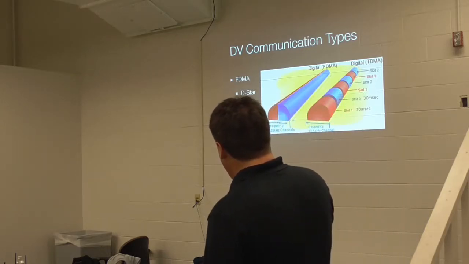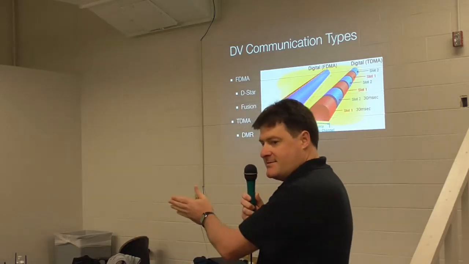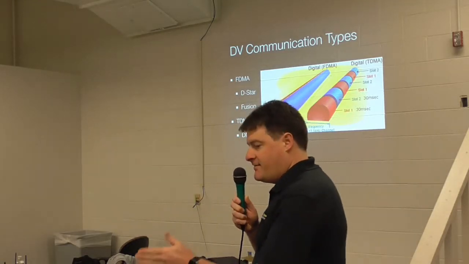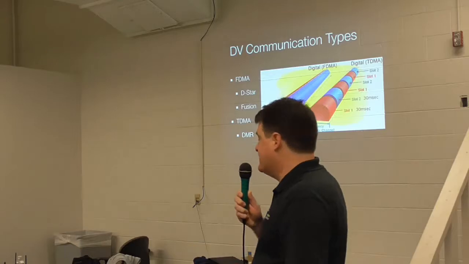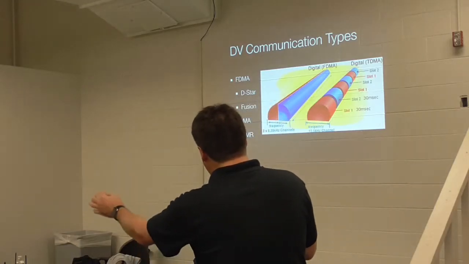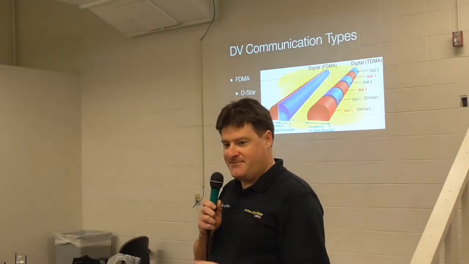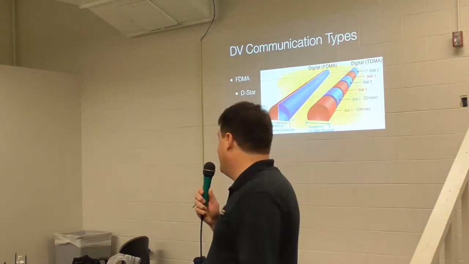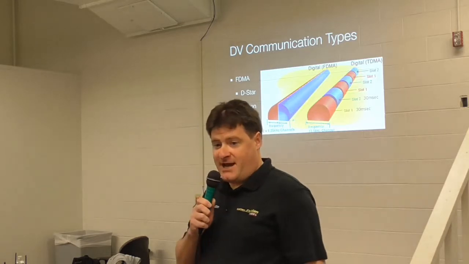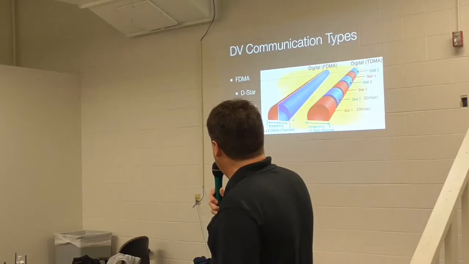DMR uses a whole 12.5 kilohertz, but they do it in time slices. So the repeater's on, off, on, off, on, off, and it's doing this. The issue is on D-Star and on Fusion, one person's using that frequency at a time. So you're talking on the repeater, and you're it. You're the guy that's in there. You're using that frequency. You're using that channel.